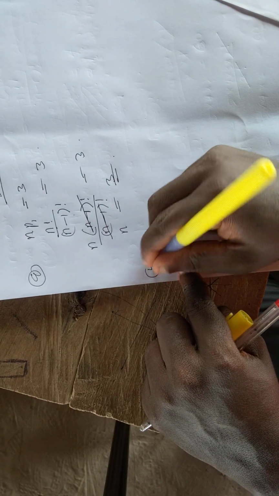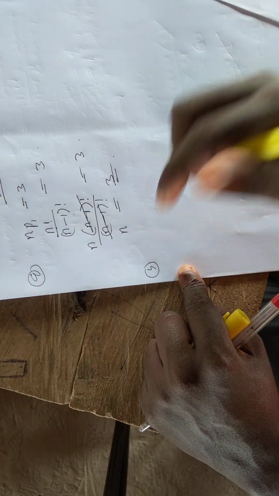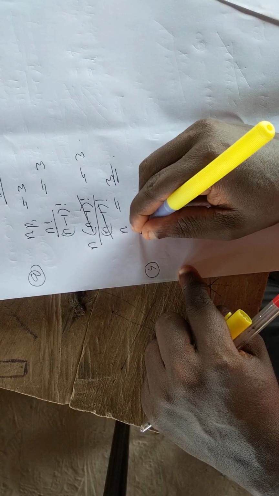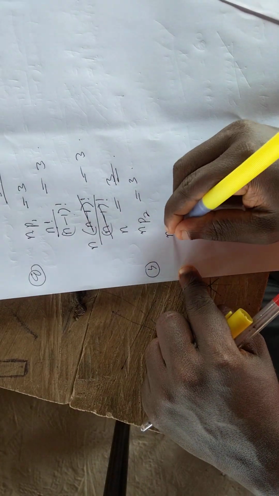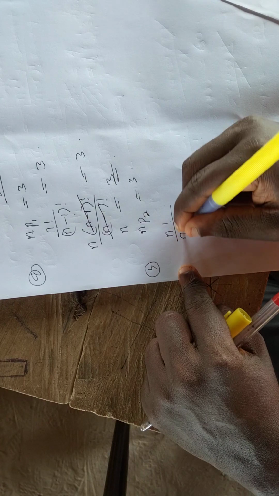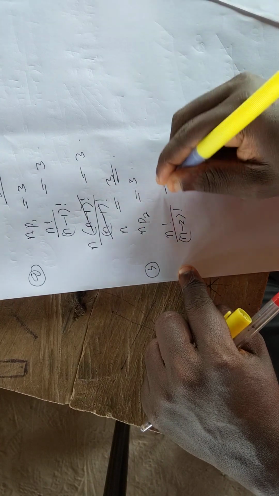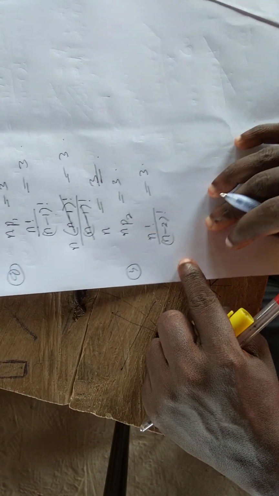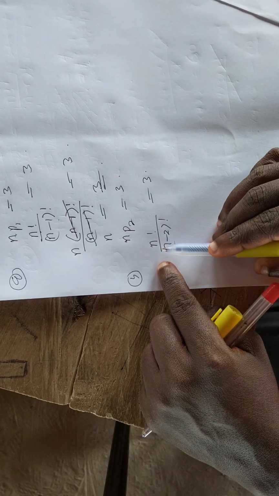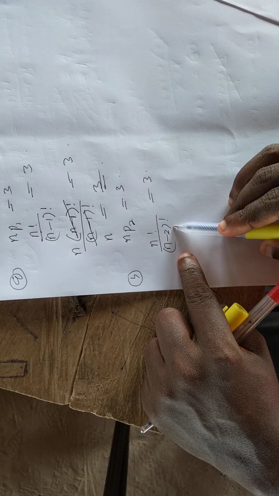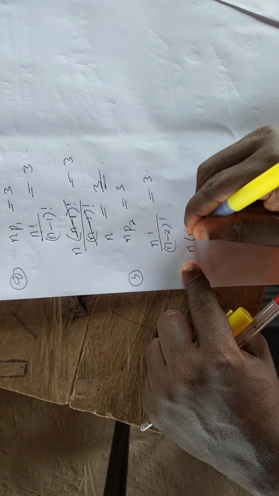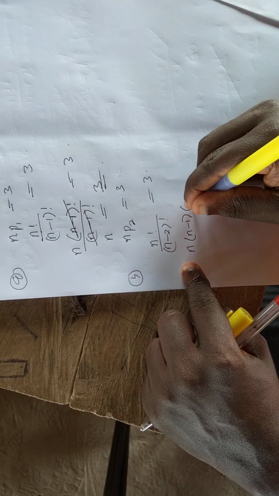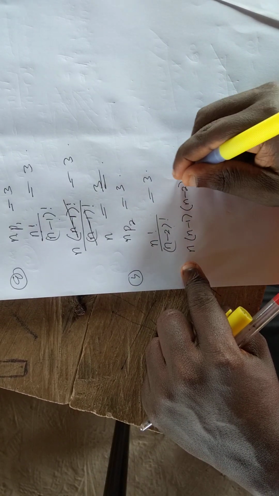Then B, n permutation 2 equals 3. So this is n factorial over n minus 2 factorial equals 3. So we are going to expand n factorial until we get to n minus 2 factorial. So this is now n into n minus 1 into n minus 2 factorial.